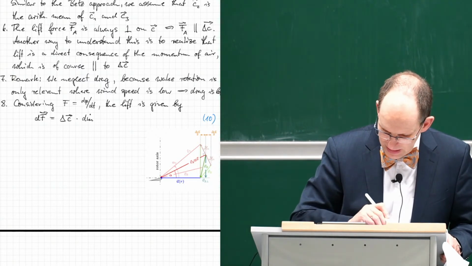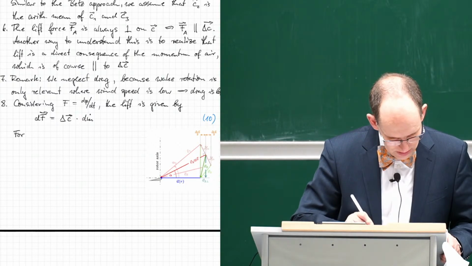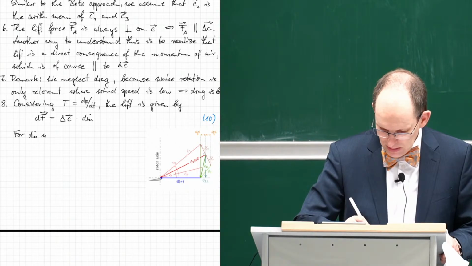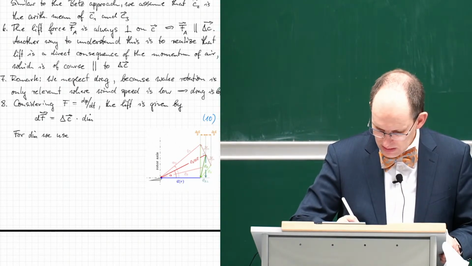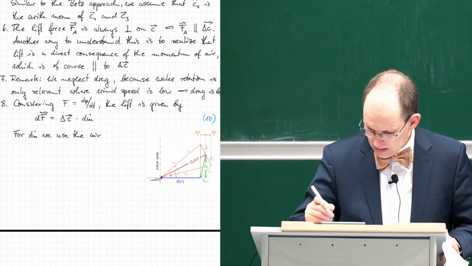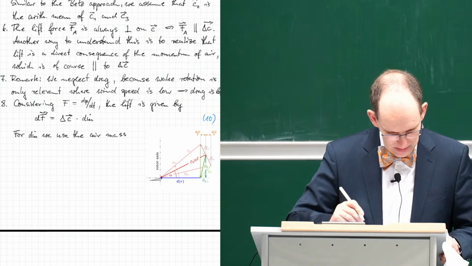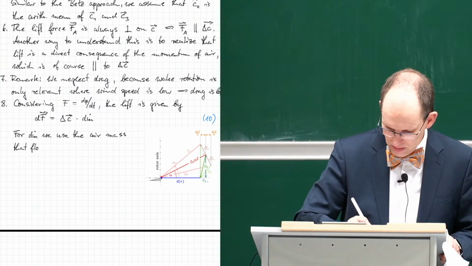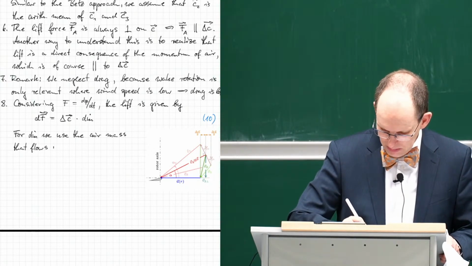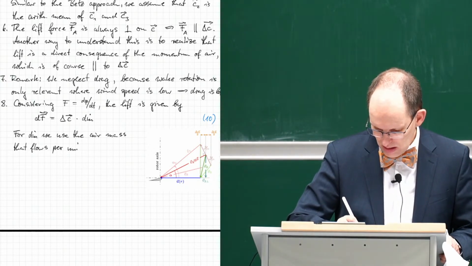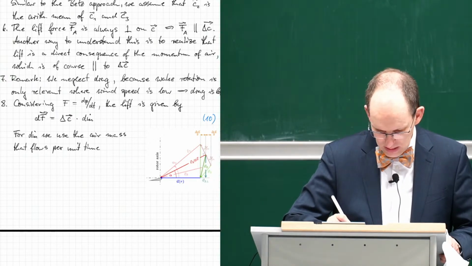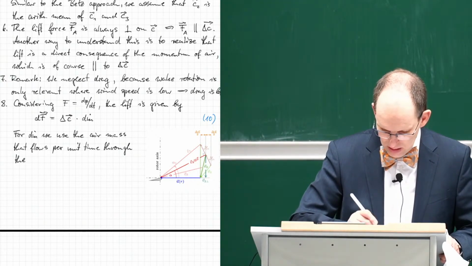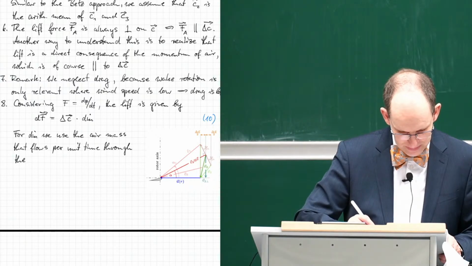So let us write that down. For dm dot, we use the air mass that flows per unit time, of course, through the rotor plane.